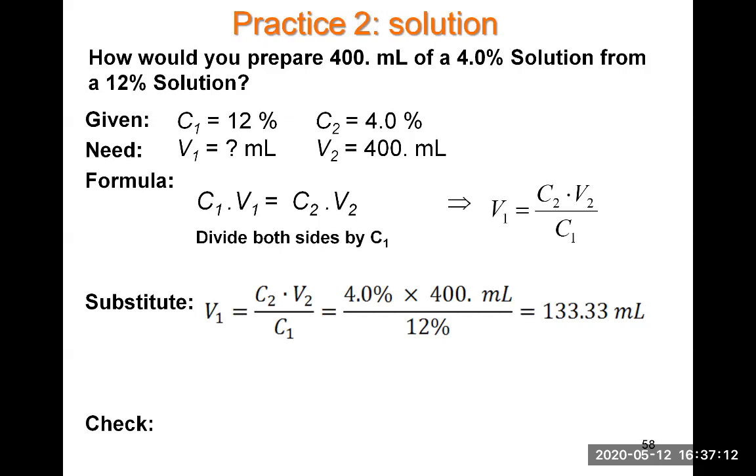Here the 4.0% has two sig figs. The volume 400 milliliters, because of the decimal point being shown, is 3 sig figs, right? The zeros are significant. And the 12 is again 2 sig figs. So the least number of sig figs is 2, so we need to keep 2 sig figs.